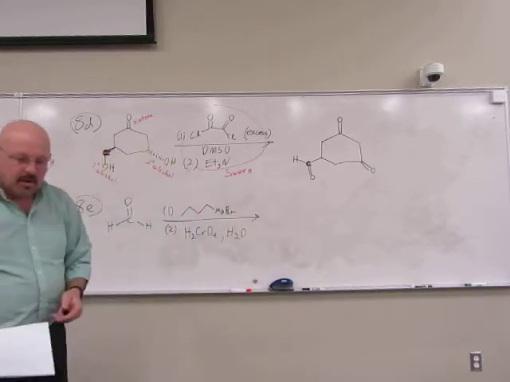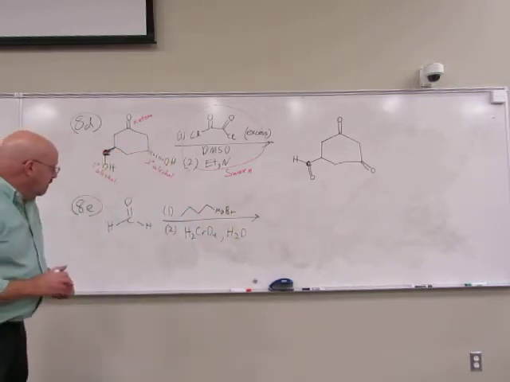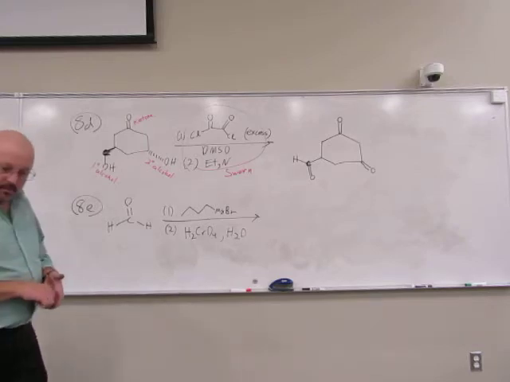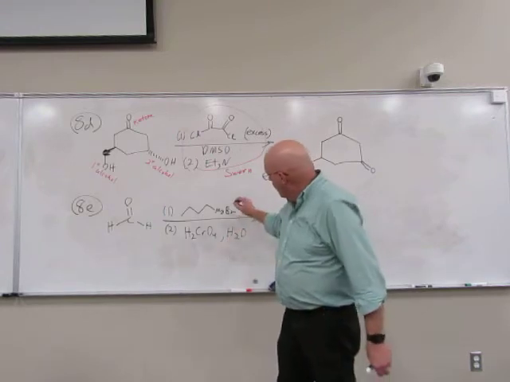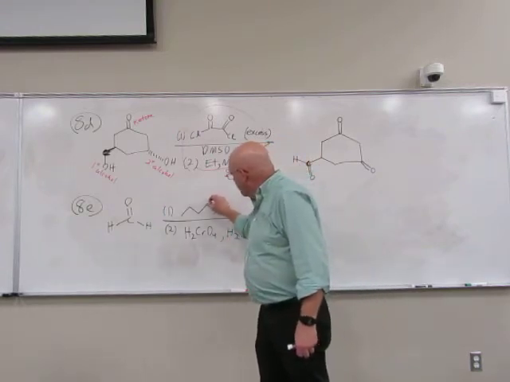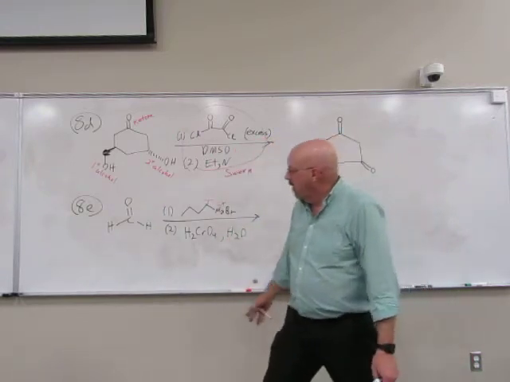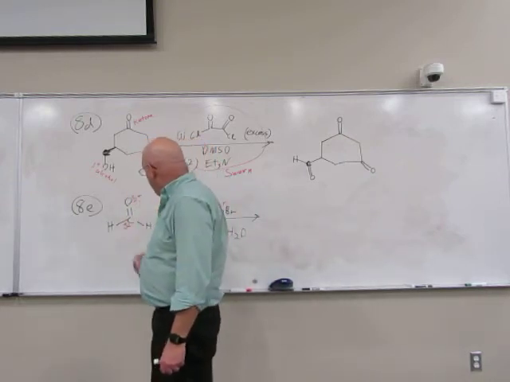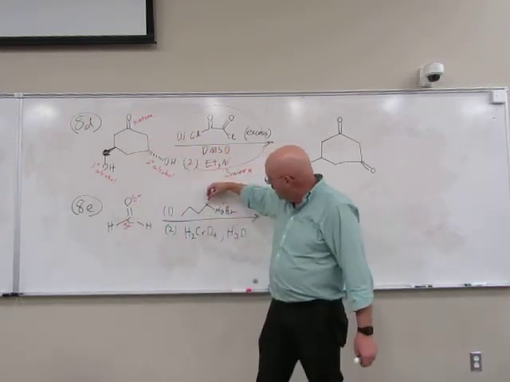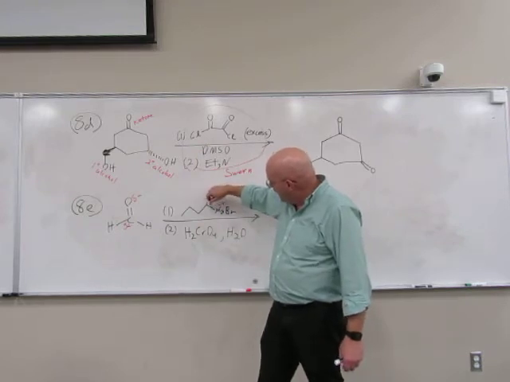Okay, our next one here, let's see what we've got. First step, I have a Grignard reagent. With the Grignard, you know there's partial positive on the metal, partial negative on the carbon attached to the metal. Our carbonyl over here, there's partial positive on the carbonyl carbon, partial negative on the oxygen. So it's this carbon that's attached to the magnesium.